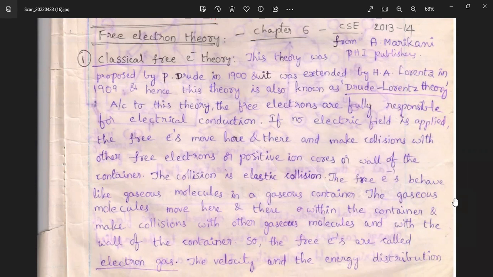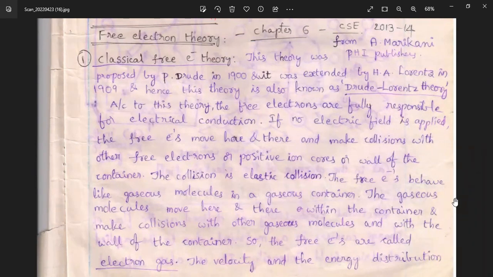You cannot distinguish which electron belongs to which particular atom, because all are freely flowing throughout the positive ion core of the material. The gaseous molecules move here and there within the container and make collisions with other gaseous molecules and with the wall of the container. So the free electrons are called electron gas.